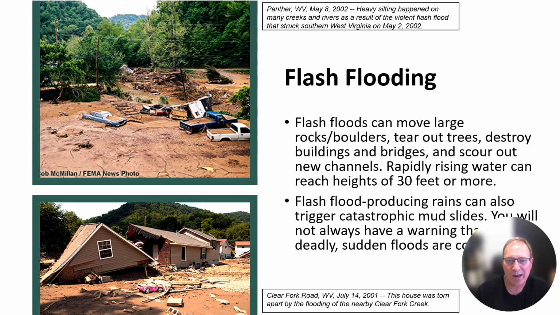Just understand the power of water is really profound. It can move substantial buildings, cars. There are lots of things that can move in a short period of time. Although we really don't have nearly the problem here that they do in areas more prone to wildfire.